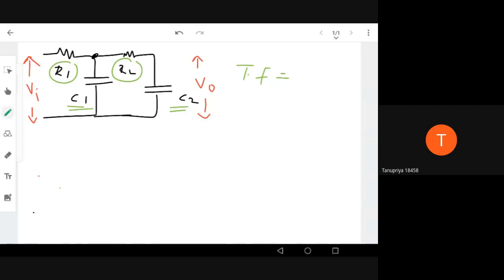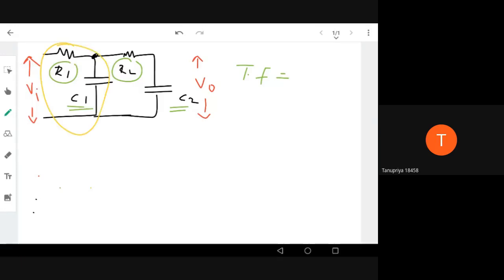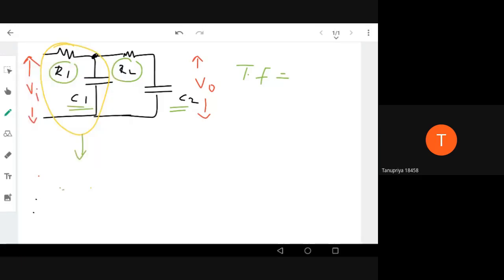There's one question, because for the last transfer function, with only this whole block, you got a transfer function like this: 1 divided by 1 plus RCS.